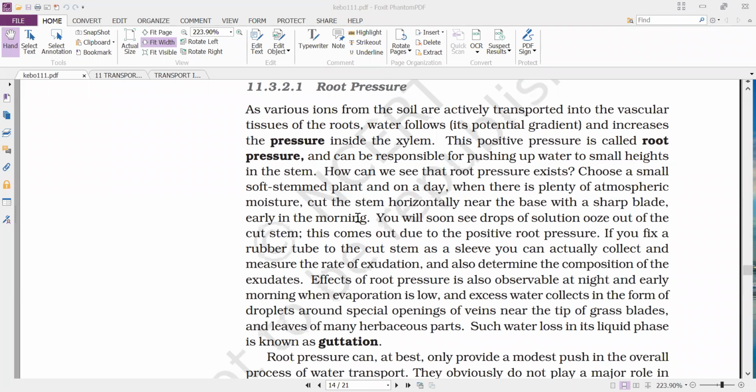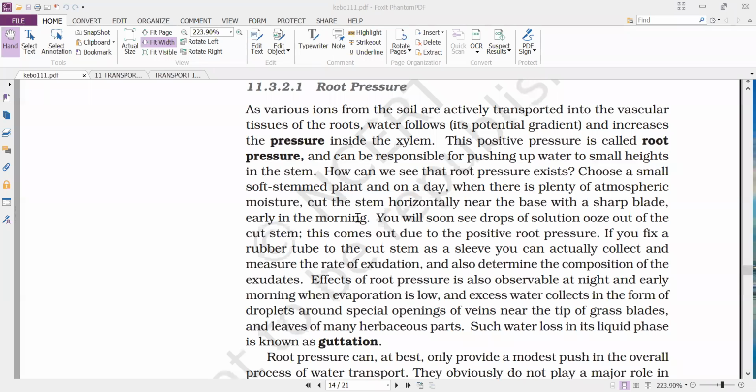And if you apply some weight on that water level, we can calculate the pressure exerted by the water that entered the glass tube, which is equal to the root pressure.